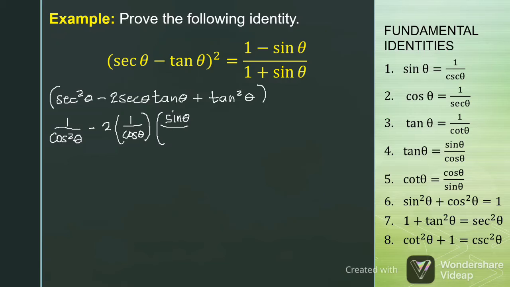Then we have tangent squared theta equal to sine squared over cosine squared, right?